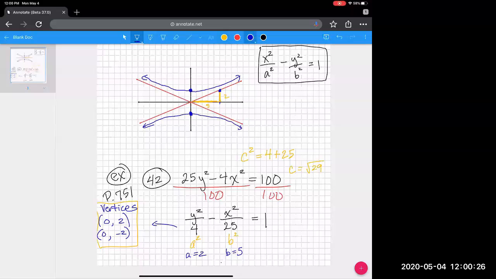And so I'm going to go up here, about here, plot a point there, down here, and I'm going to label those. So this is going to be 0, square root of 29, and 0, minus square root of 29. So those are my foci. This is my vertex.